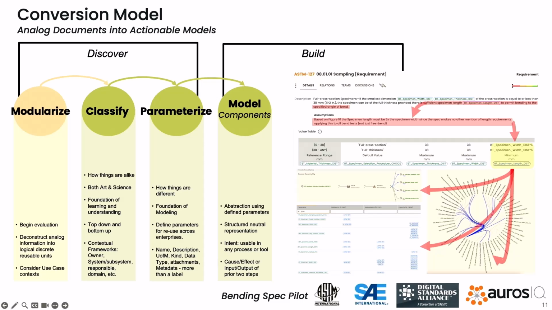So the next step is to build those component models. We call them component models because as soon as you really get into this complex space where you have lots of different requirements interacting with each other, you quickly realize that very seldom does a requirement stand on its own. So very seldom will a model stand on its own. You have models which are built upon other models, which are built upon other models, which consume additional models, and it gets very complex very fast.